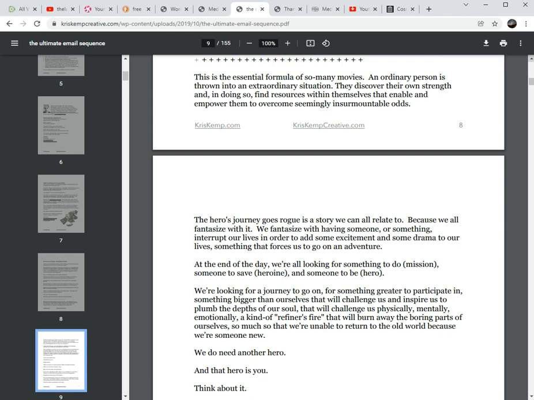We're looking for a journey to go on, for something greater to participate in, something bigger than ourselves that will challenge us and inspire us to plumb the depths of our soul, that will challenge us physically, mentally, emotionally, a kind of refiner's fire that will burn away the boring parts of ourselves, so much so that we're unable to return to the old world because we're something new.